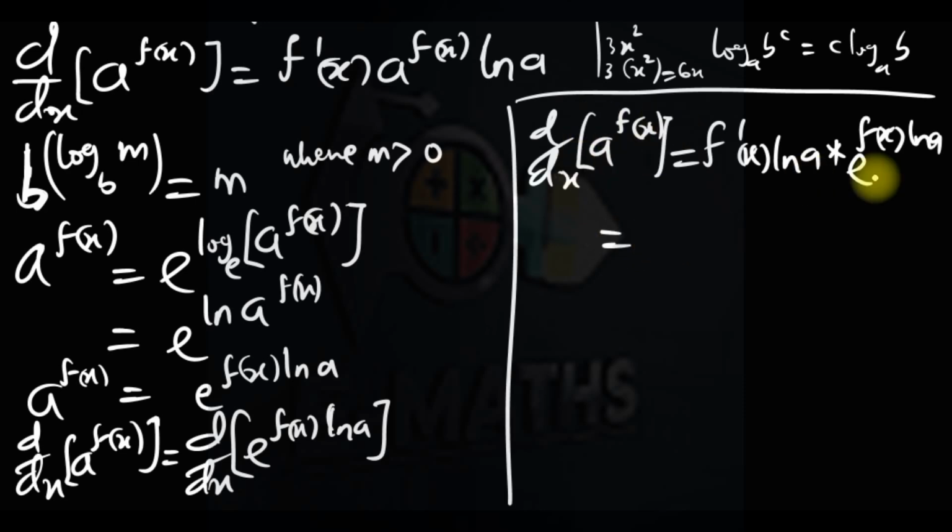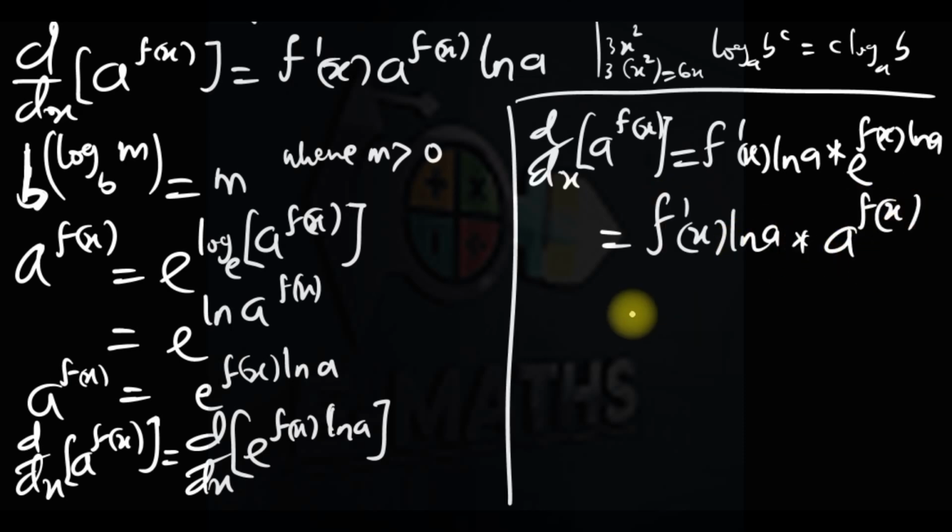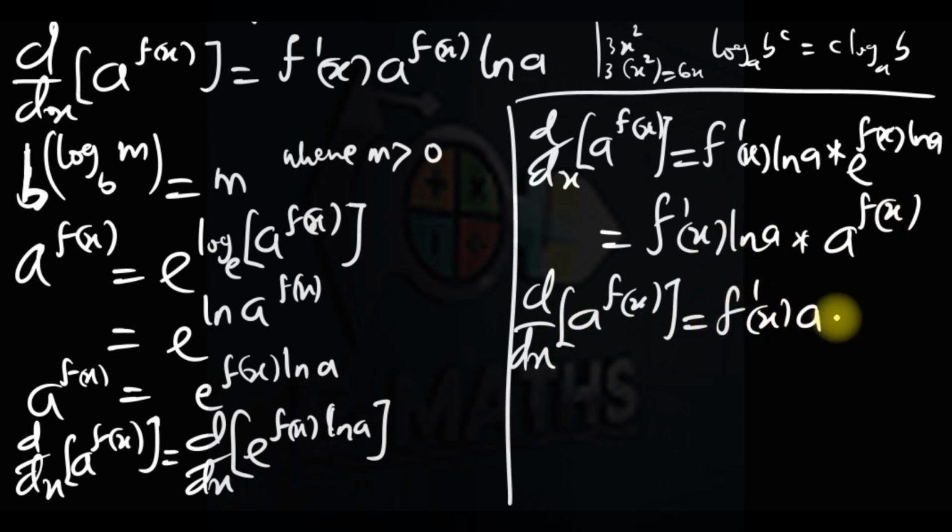We can go back: e raised to the power f x ln a, I can replace this with a raised to the power f x. So this is just f prime x ln a times a raised to the power f x, which could be written as f prime x a raised to the power f x multiplied by ln a. That's what I've proved now. So we are correct.